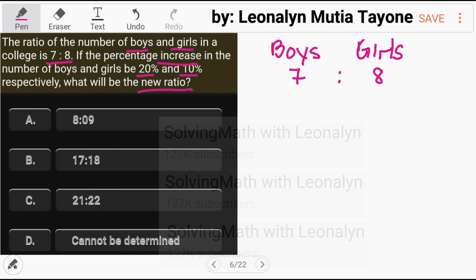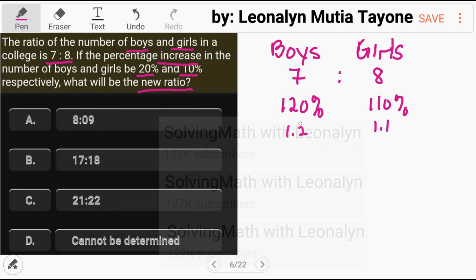7:8. Yung percentage sa boys, i-increase daw ng 20%. That means 120%. Yung 10% naman ay maging 110%. Gawin nating decimal. This is 1.2 and this one is 1.1.